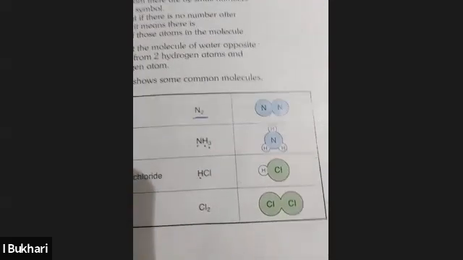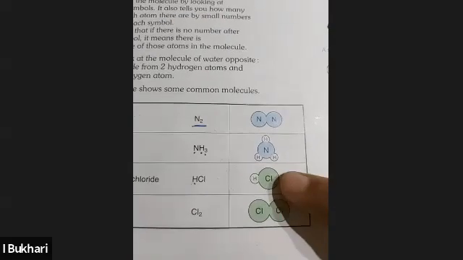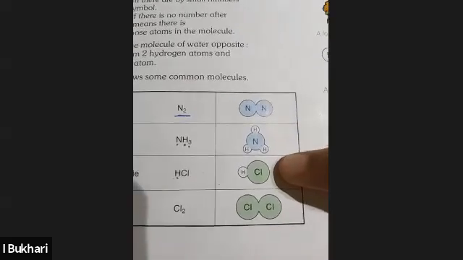Okay, now let me ask others. What about HCl? Okay, Abdullah. Yes, Abdullah. What about HCl? Is it an element or a compound? It is a compound. Why? Because there are 2 molecules in it. 2 molecules?